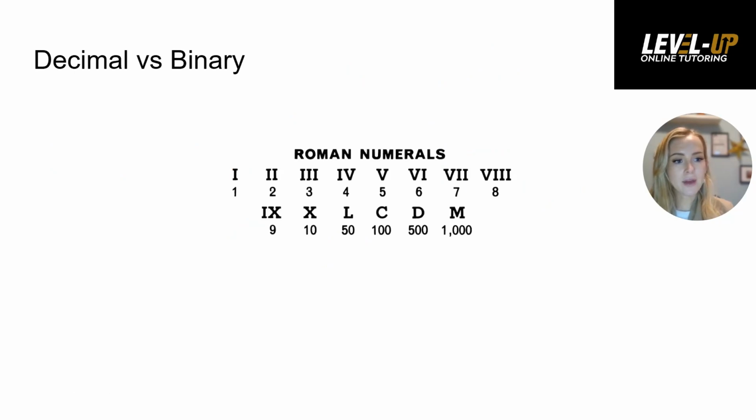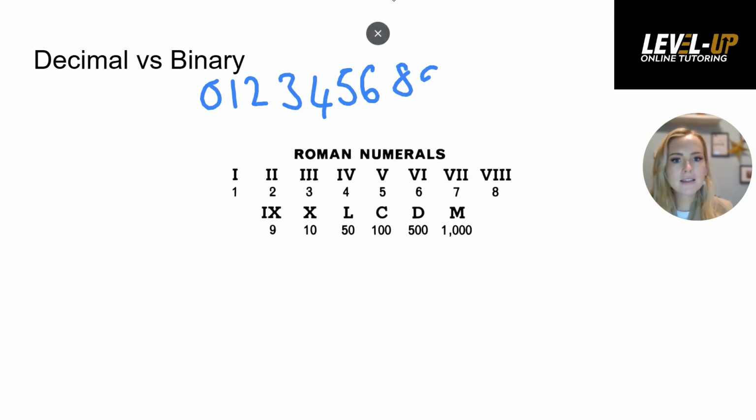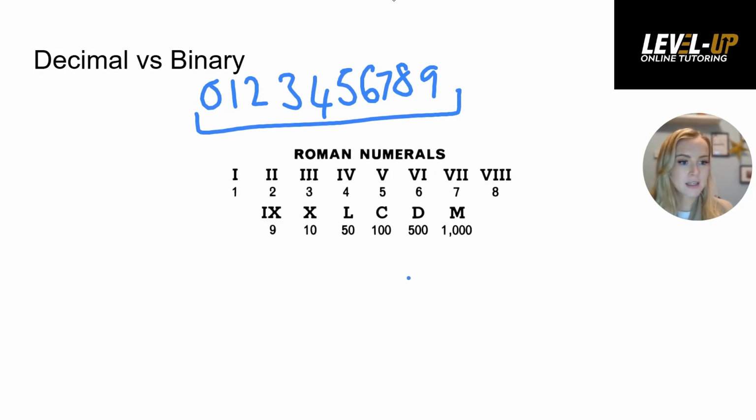Okay, so I've got some Roman numerals here. Why have I got that? Well, I just want to demonstrate that just because we tend to use decimal as a number system, that's not the only one that exists. So basically we have these symbols to choose from when we want to represent an amount.